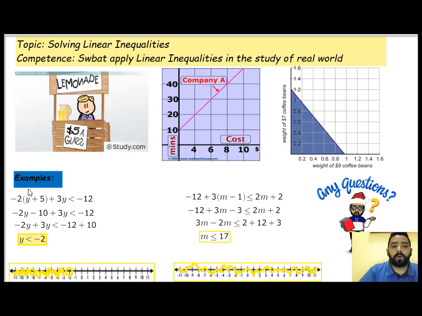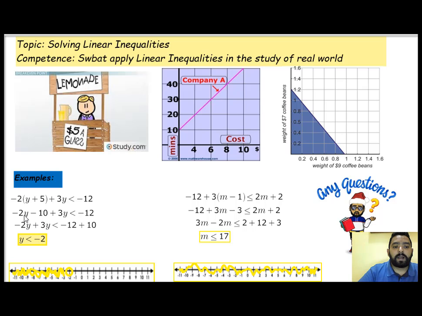We have -2 open parenthesis y plus 5. We can read this as -2 multiplied by y plus 5, plus 3y, less than -12. Now we are going to use the distributive property to multiply -2 times y, which is -2y, and -2 times 5, which is -10, plus 3y less than -12.